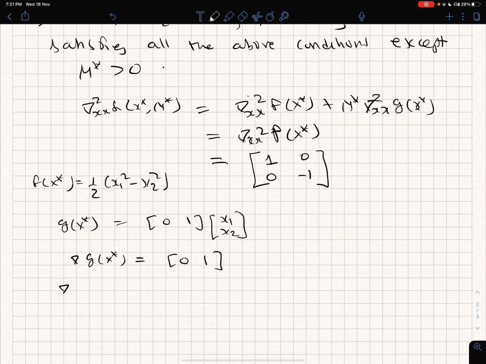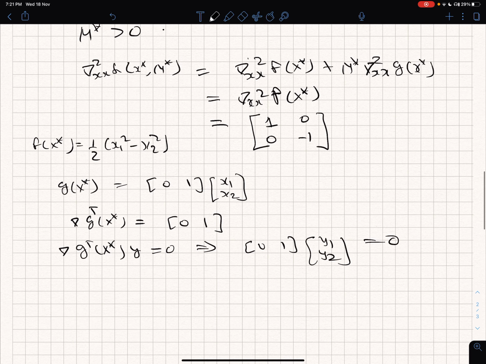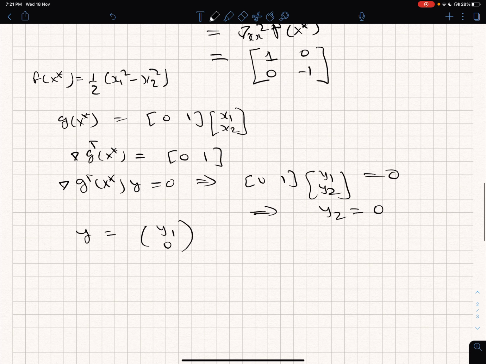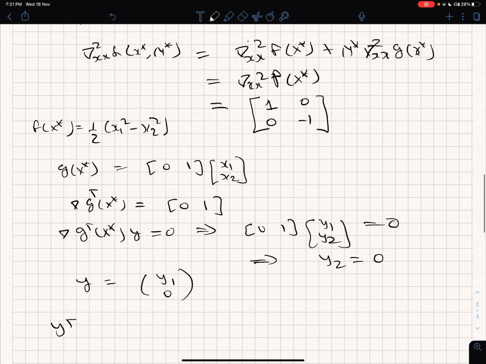So when you look at the y vectors which take this to 0, they correspond to the fact that y1, y2 dotted with 0 1 should be equal to 0, which implies that y2 should be equal to 0. So therefore, you are going to consider all y vectors of this particular form, which belong to that proper null space.